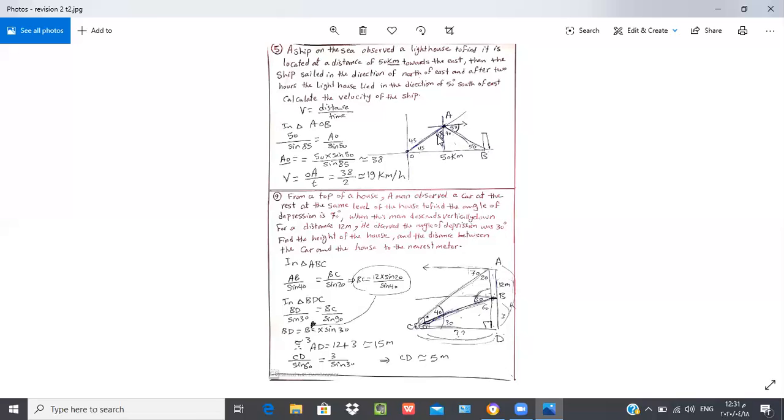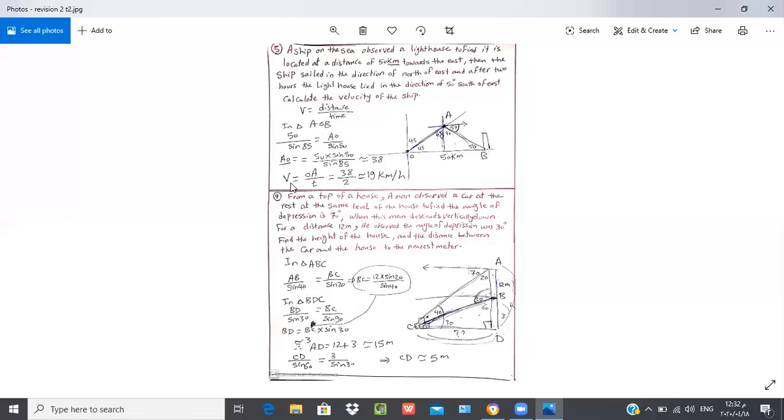So this angle will be 45 plus 40, which is 85. So 50 over sine 85 equals AO over sine 50. We are talking about the whole triangle OAB. So AO equals 50 multiplied by sine 50 over sine 85.